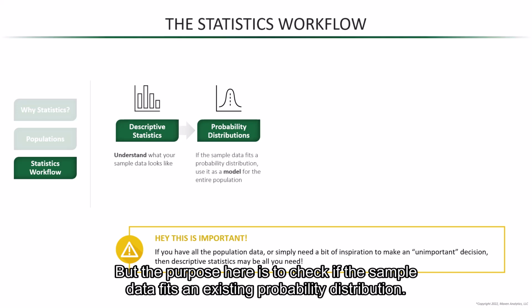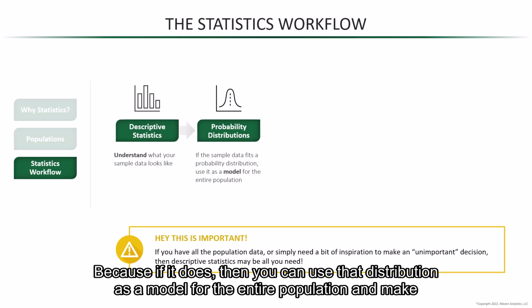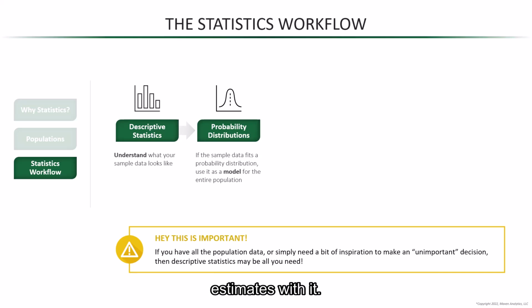But the purpose here is to check if the sample data fits an existing probability distribution, because if it does, then you can use that distribution as a model for the entire population and make estimates with it.